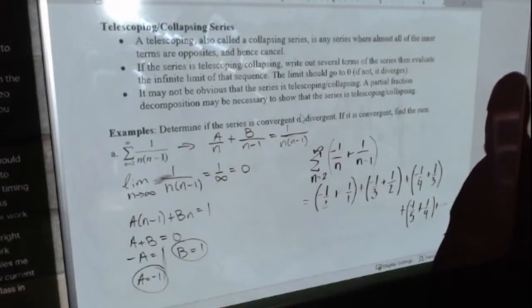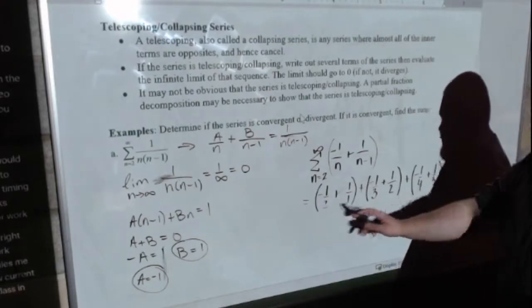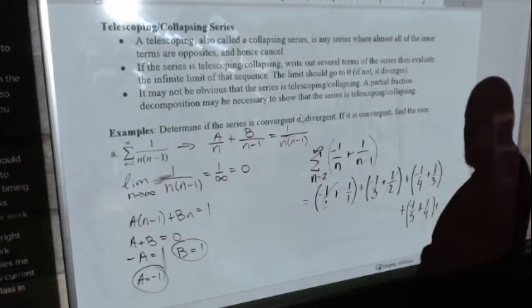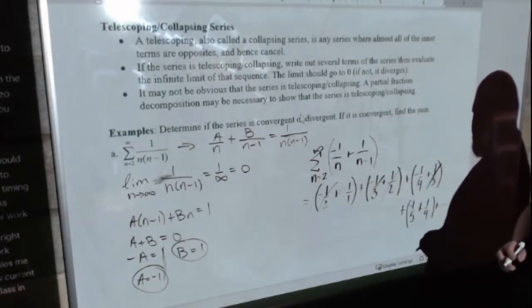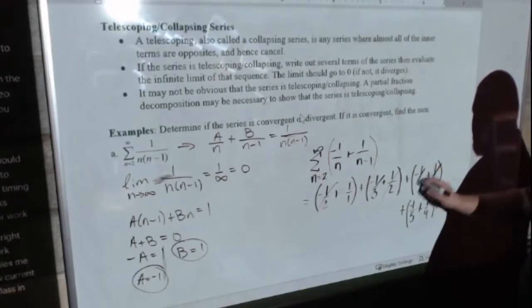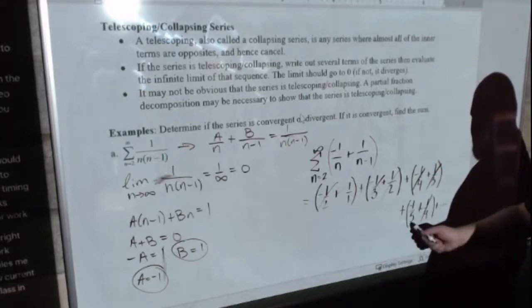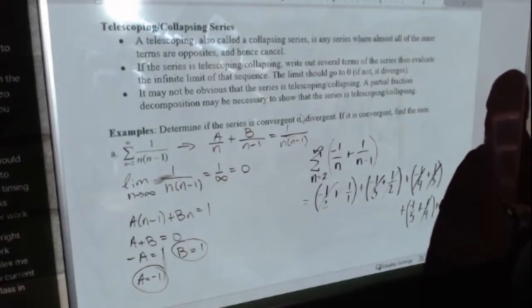So let's look at the terms. I've got minus 1/2 plus 1/2. I've got minus 1/3 plus 1/3. Minus 1/4 plus 1/4. Well, you can guess that this negative 1/5 is going to cancel with the next term. And all the terms will do that out to infinity.